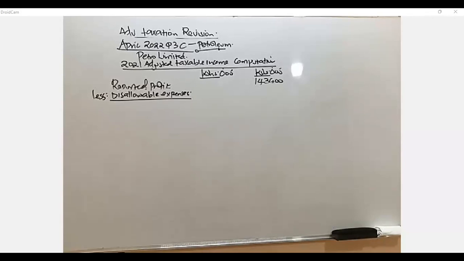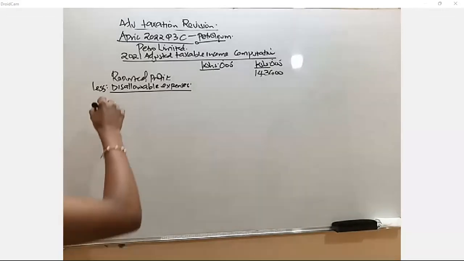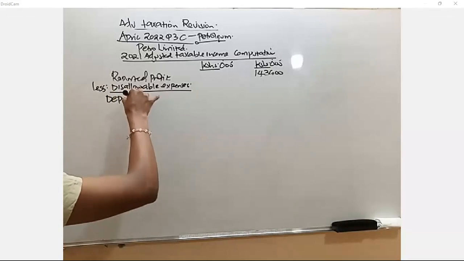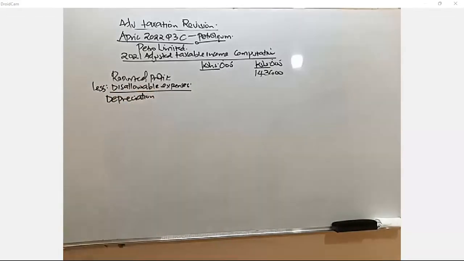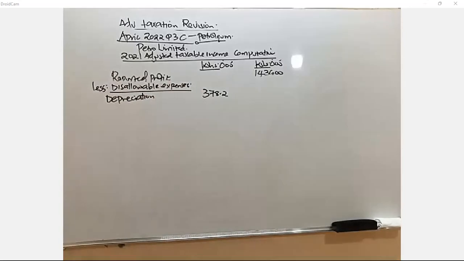Allow me to start with this. When you look at the additional information, we are being told that number one, the petroleum investment allowance included depreciation of equipment of 378,200. So first we add back our depreciation here, 378.2.